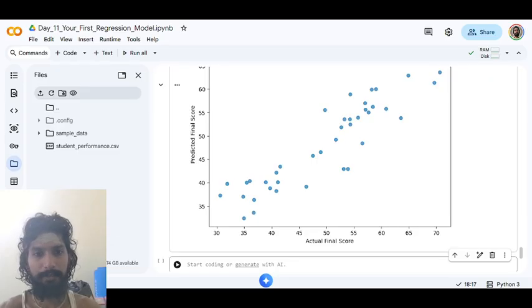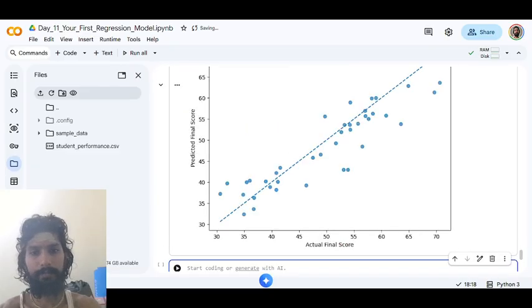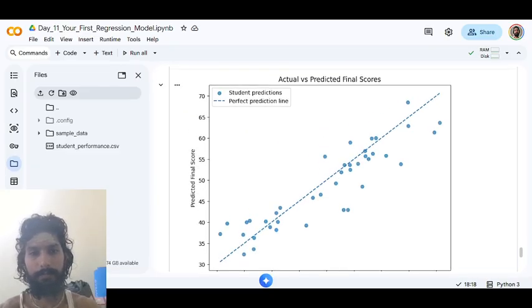So write, the dashed diagonal line represents the perfect predictions. A point exactly on the line means actual score equals predicted score.